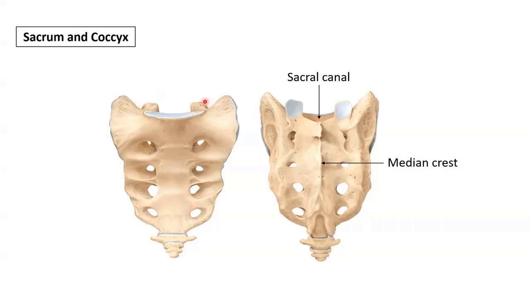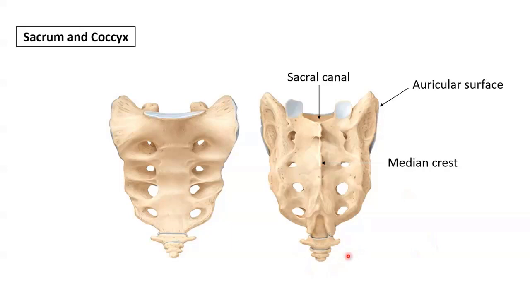On either side of the sacrum are roughened, ear-shaped surfaces called auricular surfaces. So you can see one here and here, or on the other view, here and here. These surfaces articulate with the auricular surfaces of the pelvis, so you have auricular surfaces both on the sacrum and on the pelvis, and it's where these bones will meet.